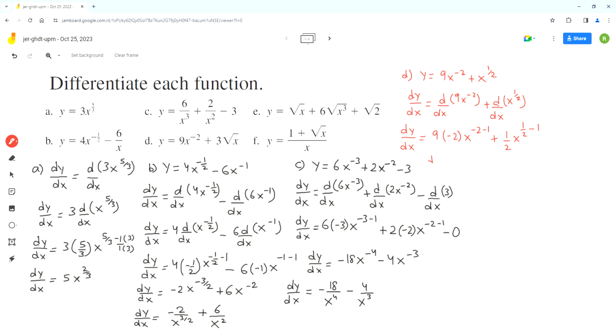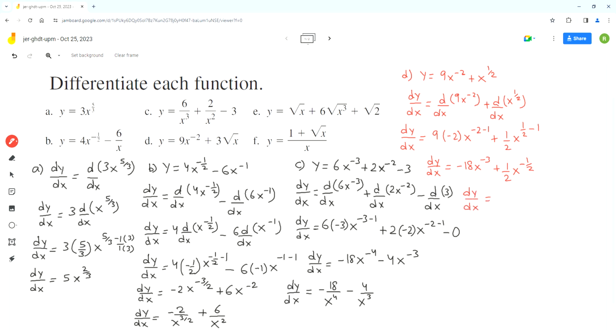Now we can simplify this expression, so dy over dx equals, so 9 times negative 2 is negative 18, x exponent negative 3 and then plus 1 over 2 x exponent negative half. So half minus 1 is negative half. Now we can write our final answer with positive exponents.